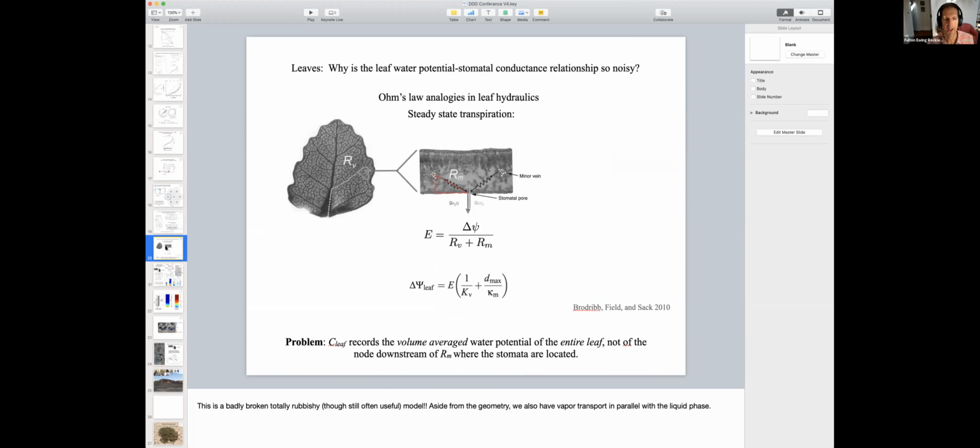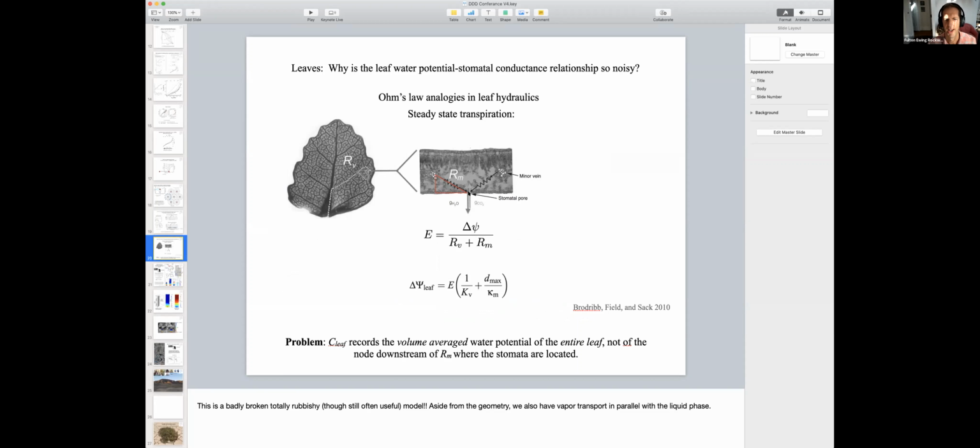And that brings us to leaves, where I was going to talk about how we model leaves. I'm just going to skip it, except to say this model is a little broken because this is the classic K-leaf Ohm's law model, if you're familiar with it.